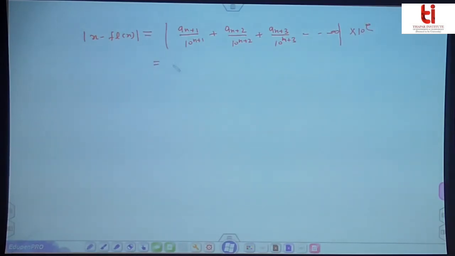So the maximum value of a(n+1) is what? That is 4, because a(n+1) is less than 5. Okay, and a(n+1) is what? That is an integer, that's why the maximum value will be 4.